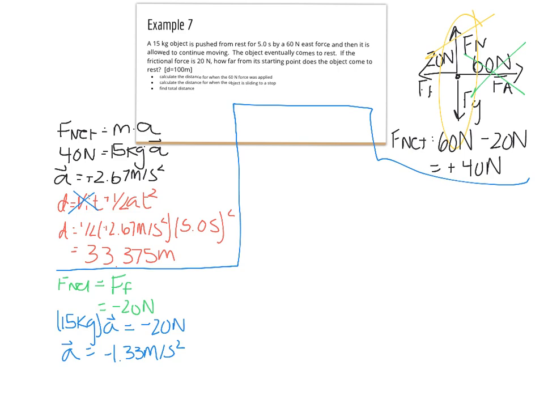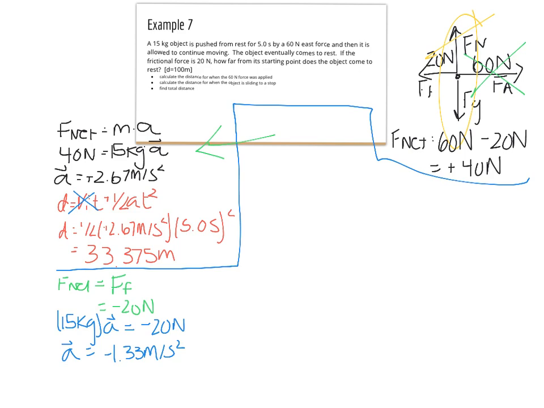Now, we don't know how long this is happening, so we can't use the same formula. What we can do is go back in time here, and we're going to use the information from our first piece, or our acceleration, and we can find the final velocity here. Okay, it accelerated for 5 seconds at a rate of 2.67 meters per second squared, from rest, so we can find final velocity.